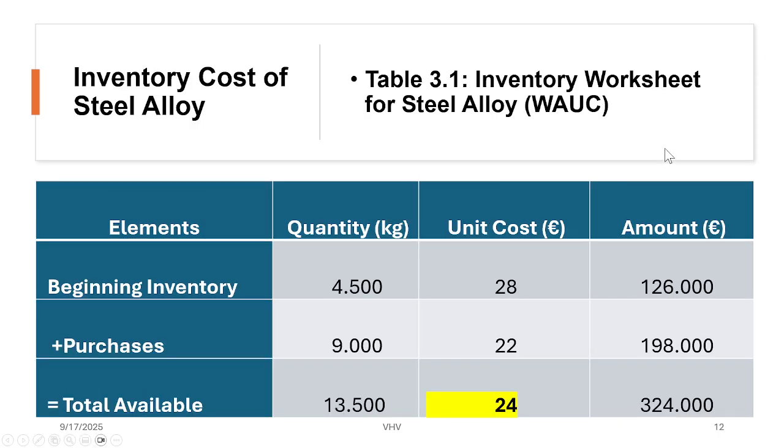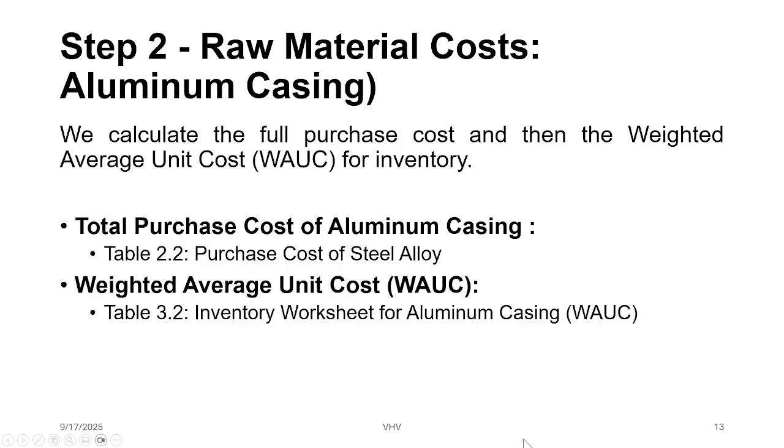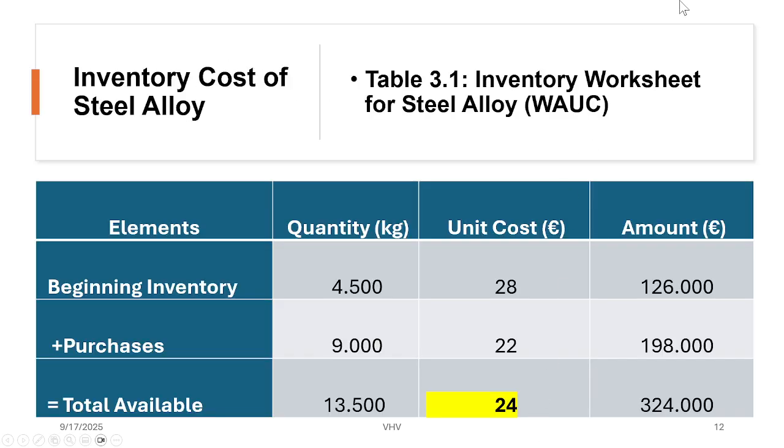So now we need to value the steel that we use in production. We do this using the weighted average unit cost, or WAUC.